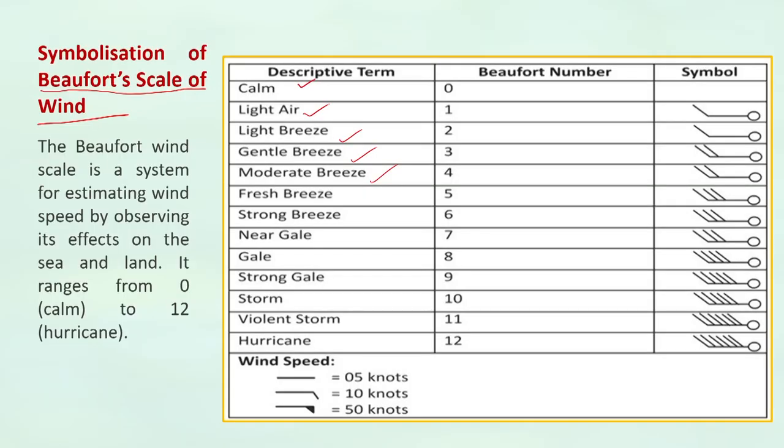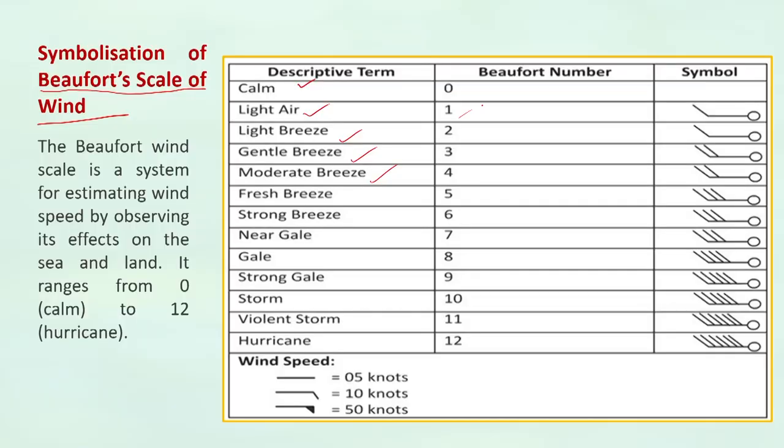But here I want to say how this number is given: 0, 1, 2, 3, 4, with a kilometer speed fixed for each. For example, calm means a wind moving at less than 1 kilometer speed.